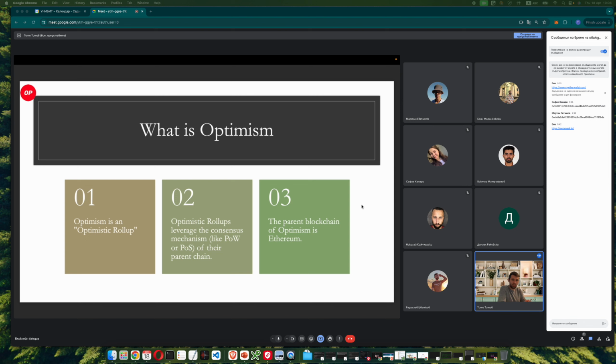And the last thing, which is super important for Optimism in particular, is that its parent chain is Ethereum. So Optimism, if we can summarize, is an optimistic rollup whose parent chain is Ethereum.